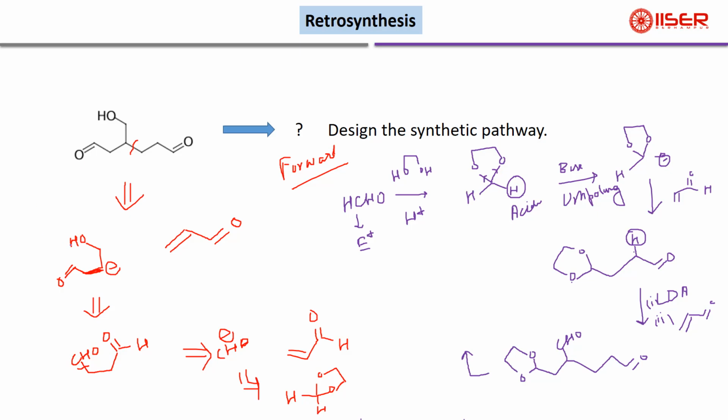For aldehyde reduction we can use a reducing agent, we just reduce it, and then we deprotect it by using acid. Then we will get our target molecule.